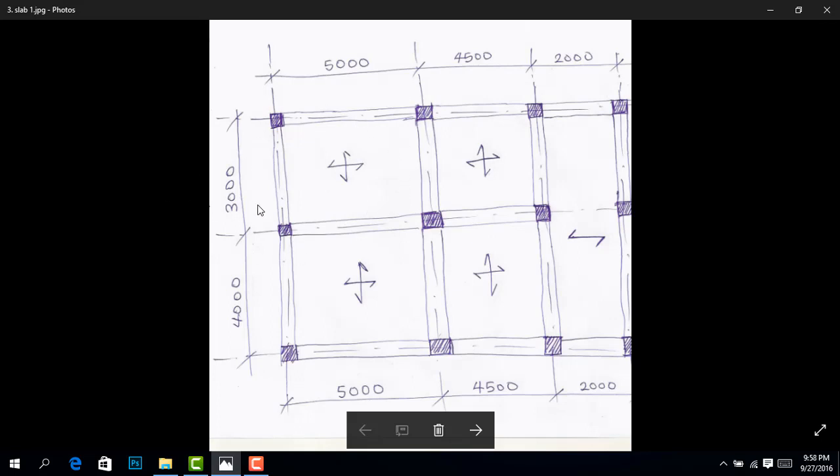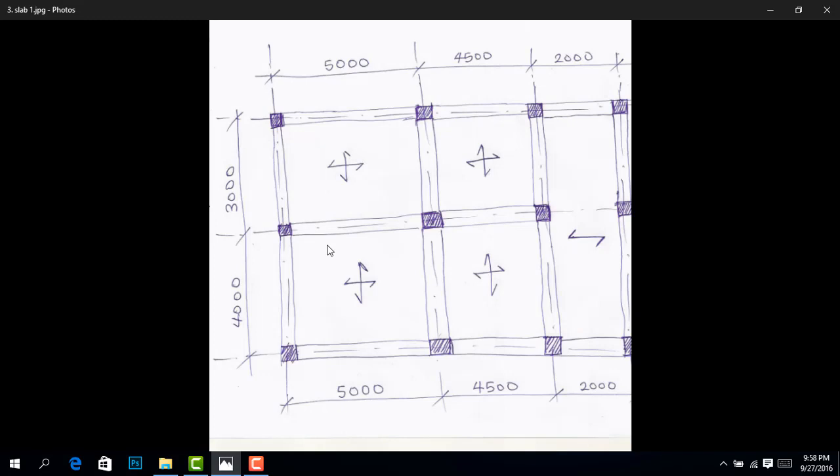If we try this other panel, 5 divided by 3, we have 1.66667. Whichever one we try, the answer is less than 2, so it makes it a two-way slab. So you are reinforcing in both directions.